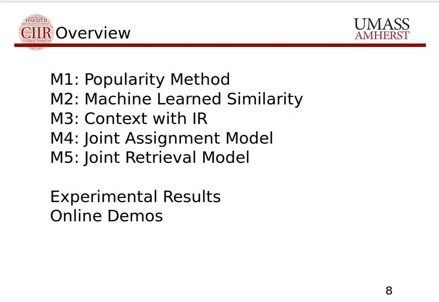This talk is to be understood as a method of cooking ingredients for entity linking solutions, and modern entity linking systems are actually a mix of all these 5 algorithms I will talk about in the rest of the talk. I will also give you some experimental results, so you see in numbers how these methods work with respect to each other, and I will also conclude with some online demos to see how they perform in entity linking.